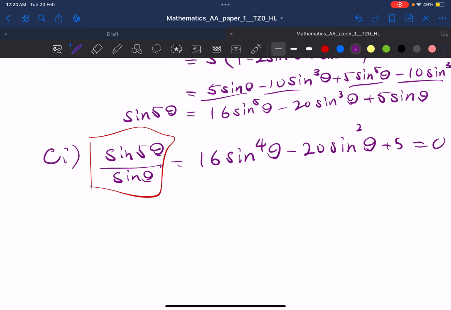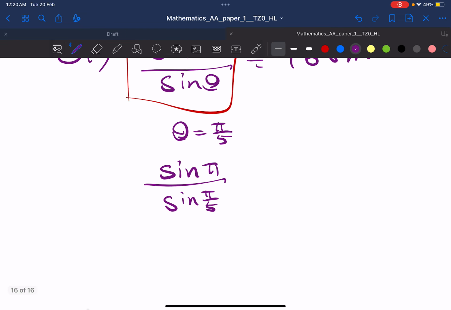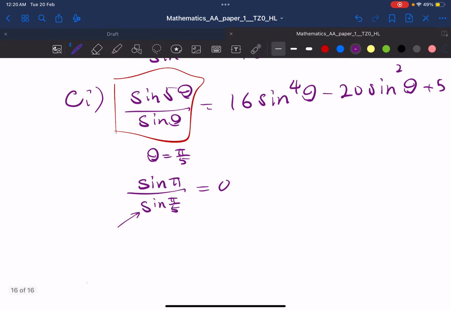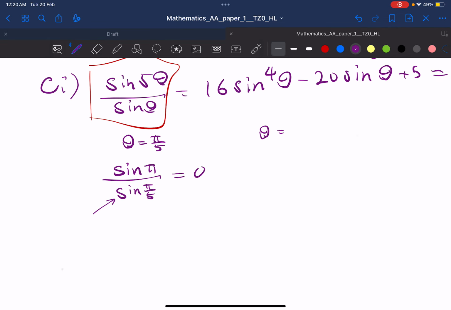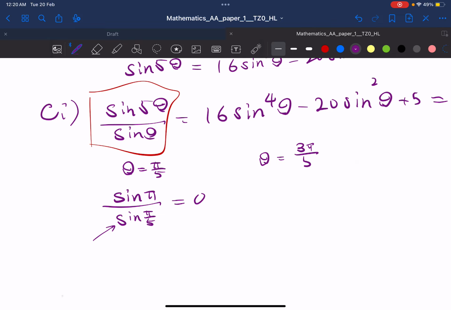Okay, so we put in theta equals pi over 5. So we have sine 5 times pi over 5 over sine pi over 5. So as long as the bottom is not 0, this is obviously 0 at the end. Okay, and then we plug in theta equals, is it 3 pi over 5?